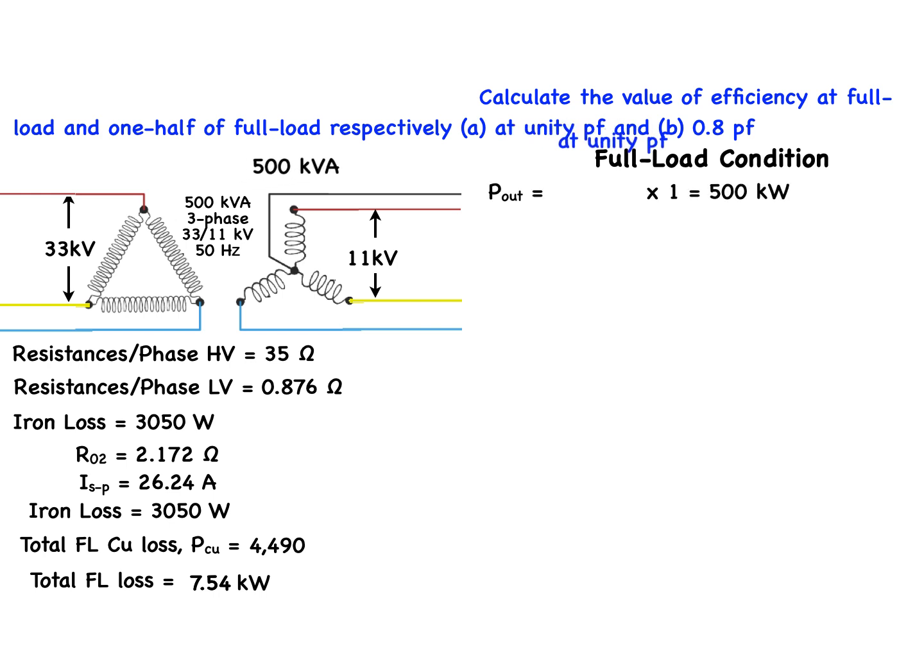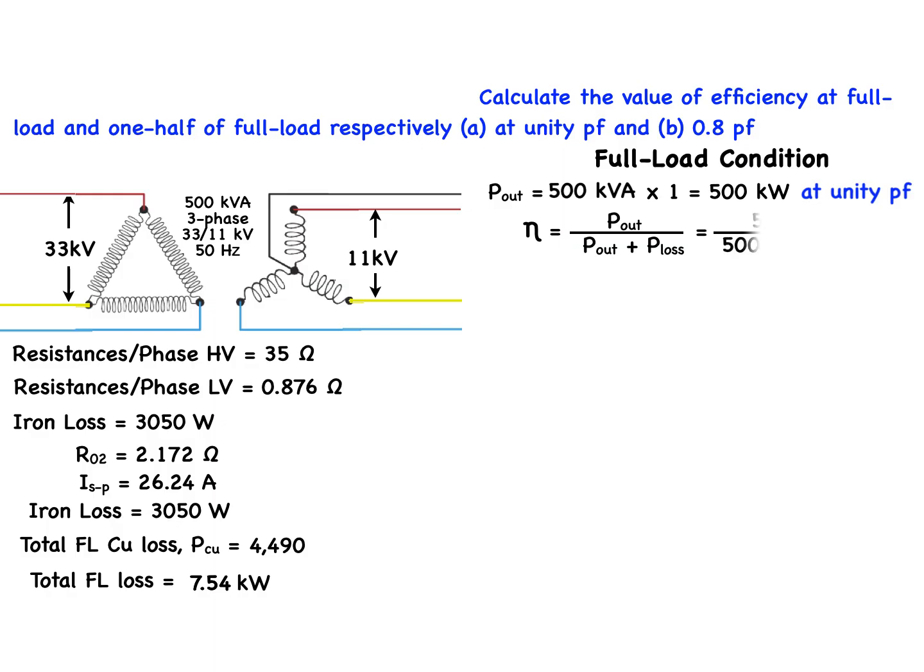For an electric machine, efficiency is the ratio of the power delivered at the output to the power supplied at the input. The input is simply the output plus its losses, which, plugging in our known values, we get 500 divided by the quantity 500 plus 7.54, which equals 98.5%.